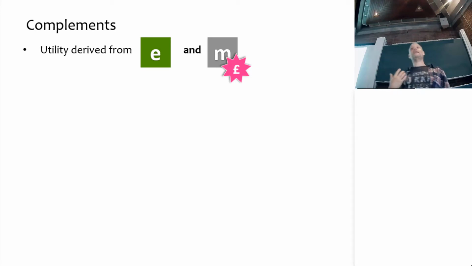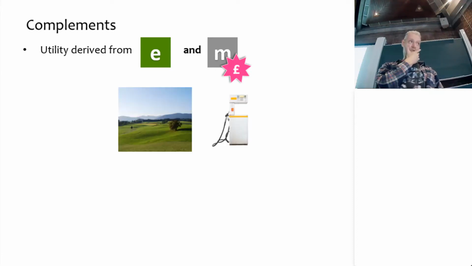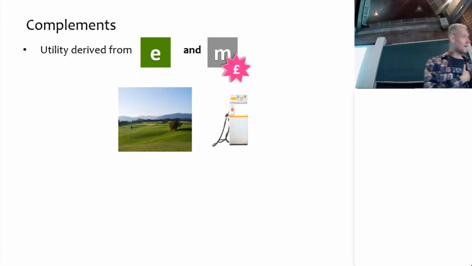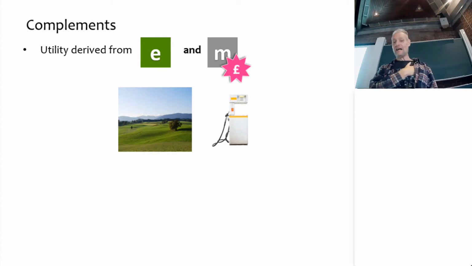It can also be that the environment and the market are complements. So you derive utility from both the marketed goods and the environmental goods or service. And the example given here is that you're going to enjoy what looks like part of the Downs. But it could be other places as well. But in order to get there, you need to drive there and you need to spend money on petrol.